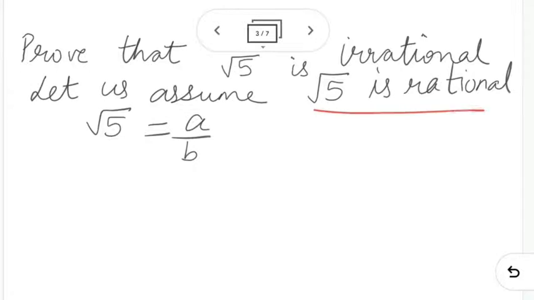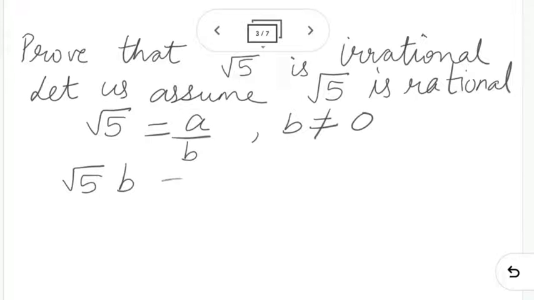So we can write root 5 as A upon B, where B should not be equal to 0. Now we can take this B to the other side, so it gets multiplied with root 5. So we get root 5 B equals A.